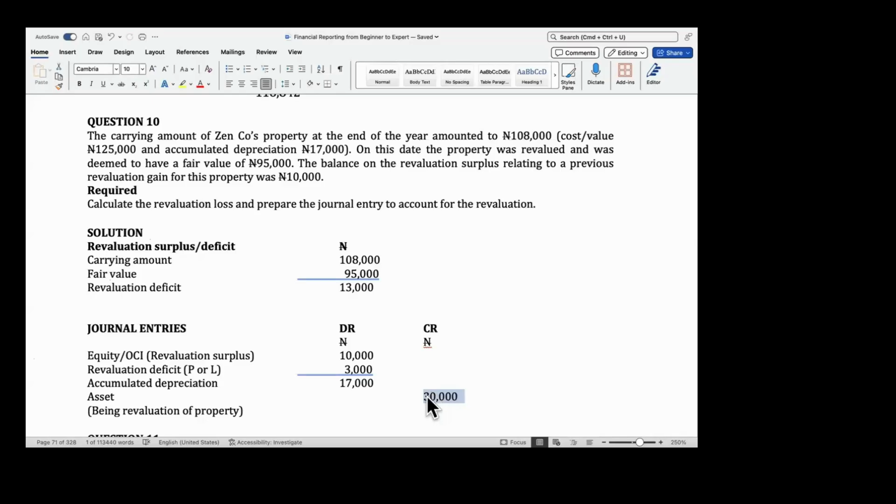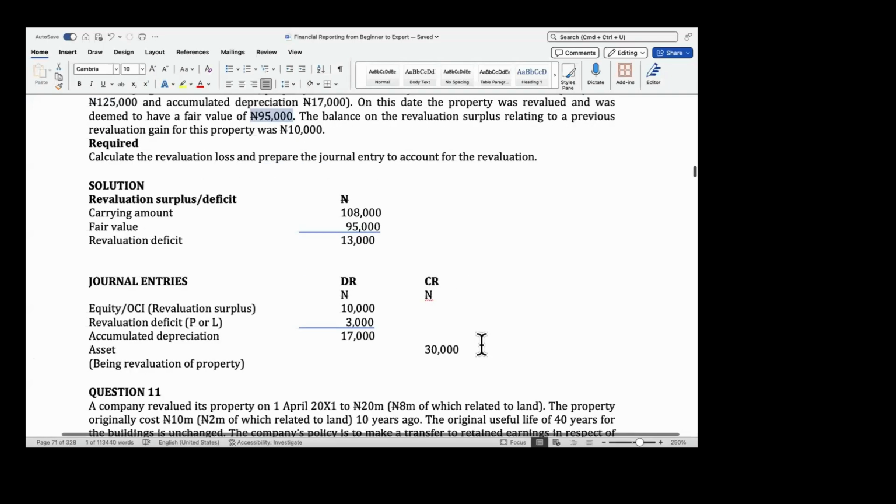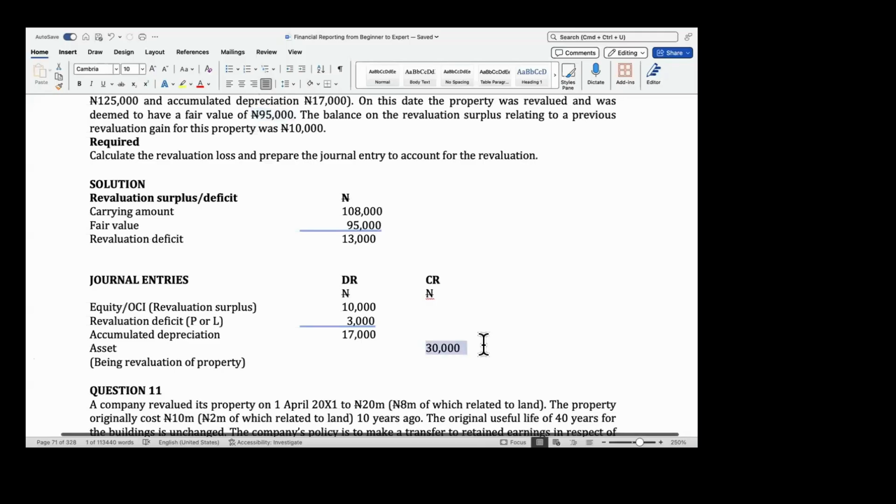The reason why this is 30 is because what was in our asset account is 125. What we want to show now is 95. So we need to bring it down by 30. And that's why we are crediting 30.